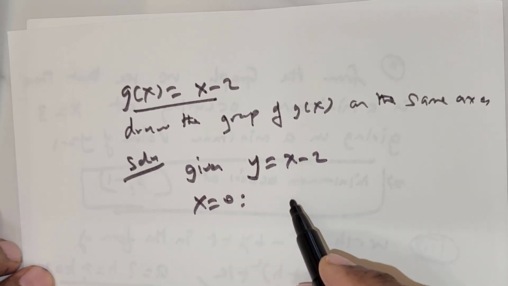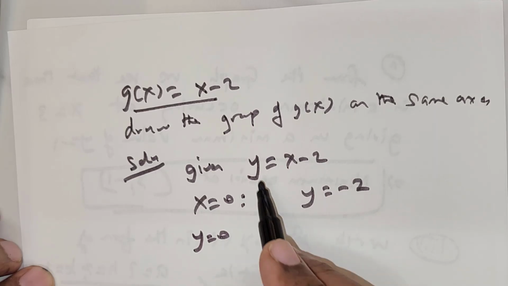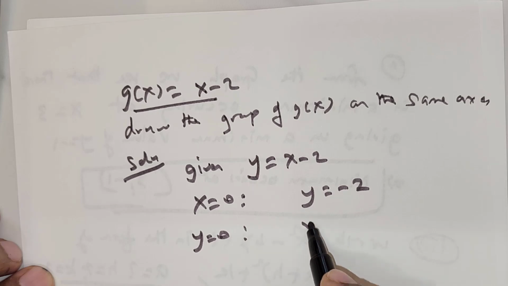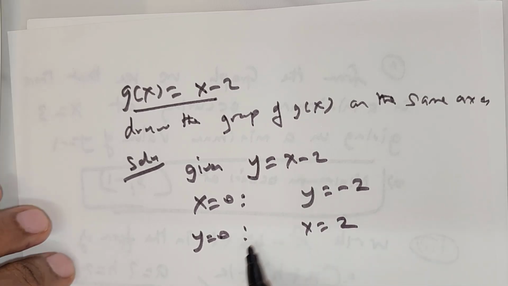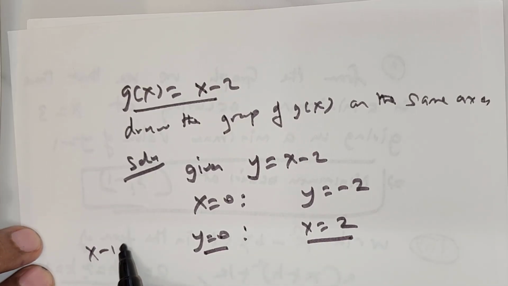So when x is equal to 0, y is -2. And when y is equal to 0, what happens? x is equal to positive 2. So this is the point that we need. This is the x-intercept.